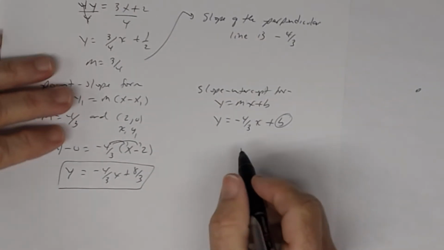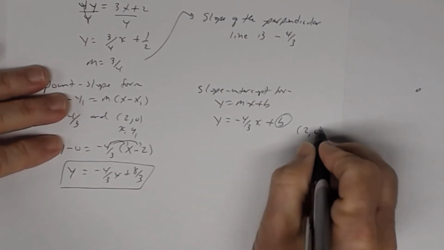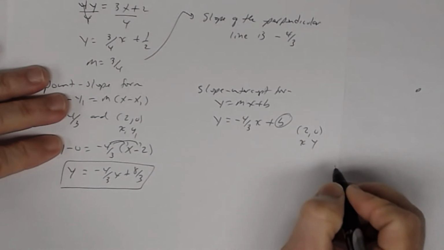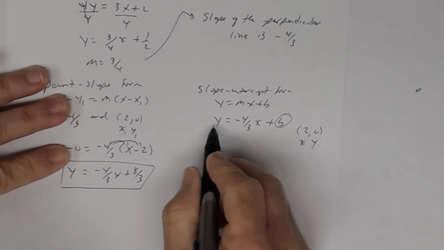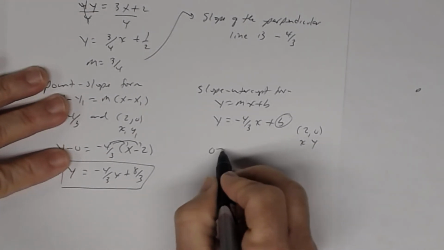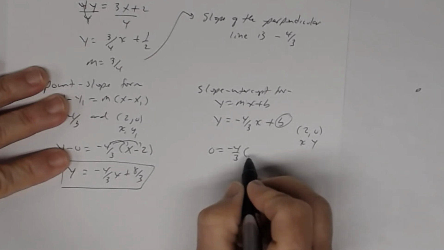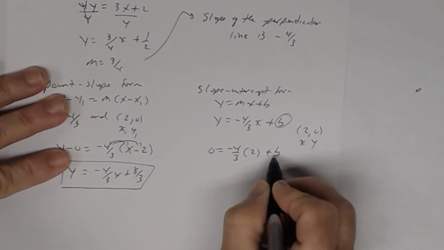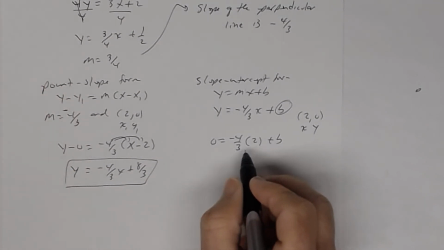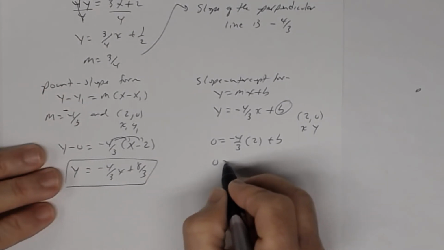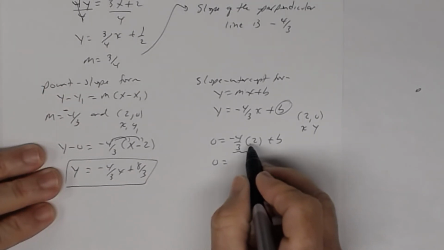So let's go ahead and do that. A point on that line is (2, 0). So there's your x, there's your y. So y is 0, so I get 0 equals negative 4/3 times x, which is 2, plus b.